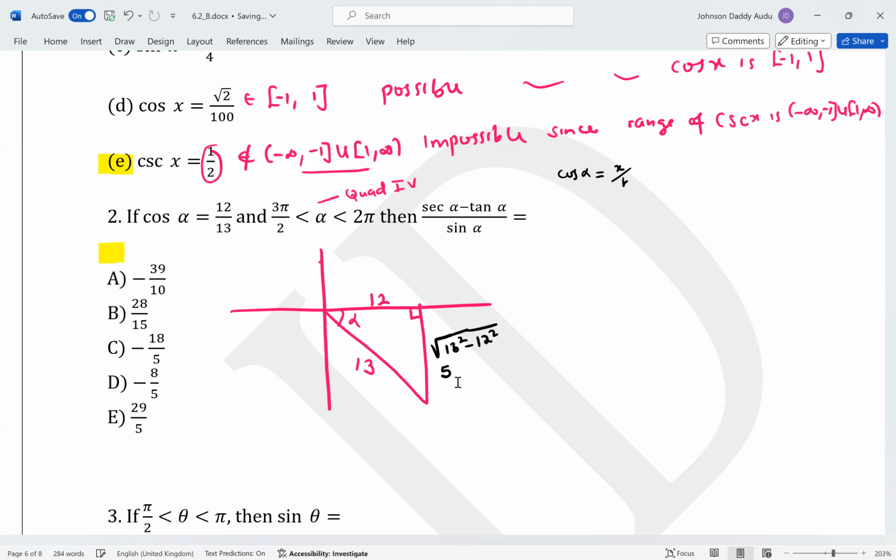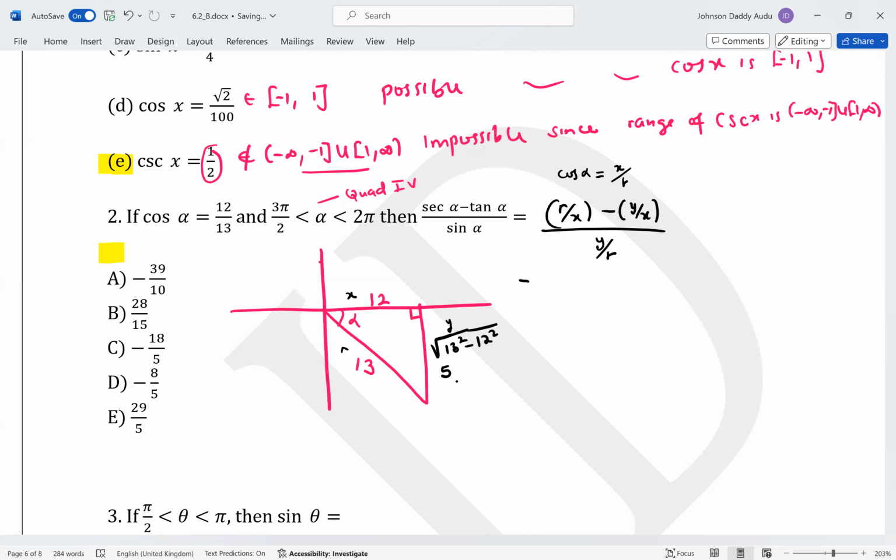So sec is going to be r over x, minus tan alpha, which is usually y over x, over sine alpha, which is usually y over r. So let's see where is y: opposite is usually the y, adjacent is usually the x, and hypotenuse is usually r. So we just need to substitute.